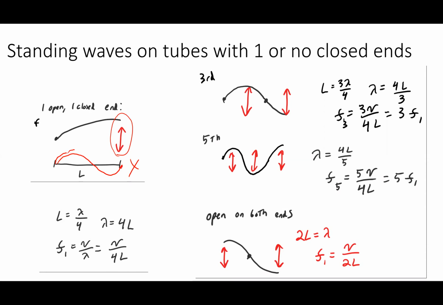This would be a node if I doubled the frequency and cut the wavelength in half, so that's not allowed. The next allowable situation is actually the third harmonic, where I meet both boundary conditions of the fixed end on one end and the free end on the other. Likewise, no fourth harmonic, but I do have a fifth. So for this one open, one closed end tube, I have only the odd harmonics. And it's just about matching those boundary conditions.